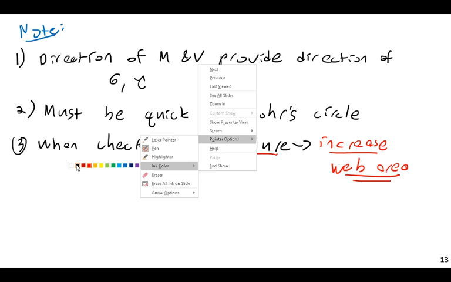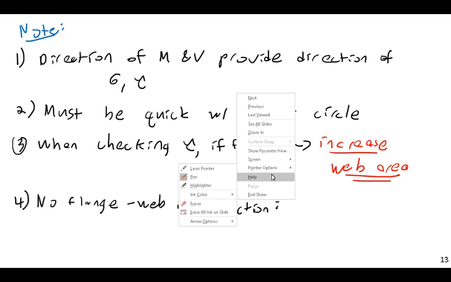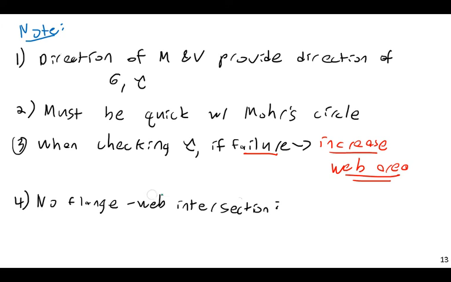Then, what if there is no flange-web intersection, like just a simple rectangular beam? Well, then simply check at the critical locations where the max combo occurs.